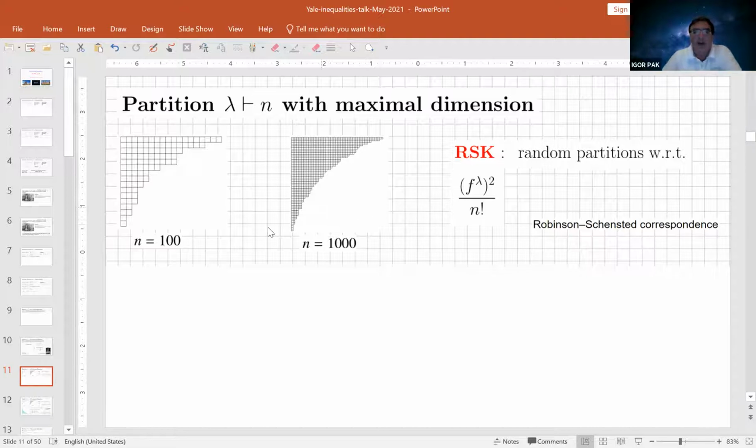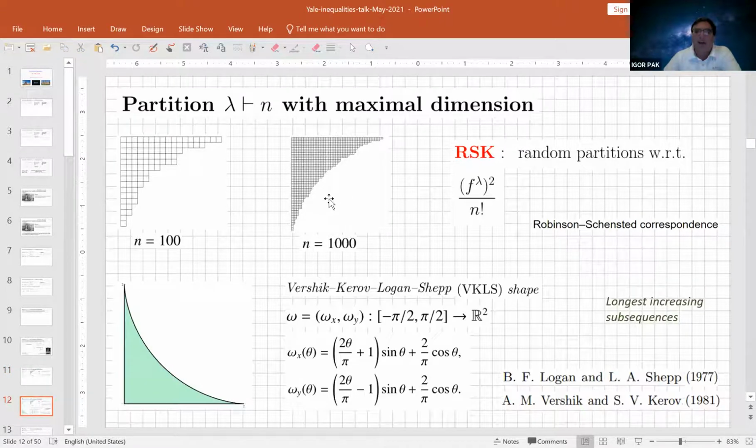You can try doing that, and here are pictures from Dan Romik's book, which I cut and pasted. This is n equal to 100, and this is n equal to 1000, and you see that the curve is starting to emerge. That's a famous curve that was computed precisely later, but you can see the curve, right? Yeah. Okay. And here is the curve.